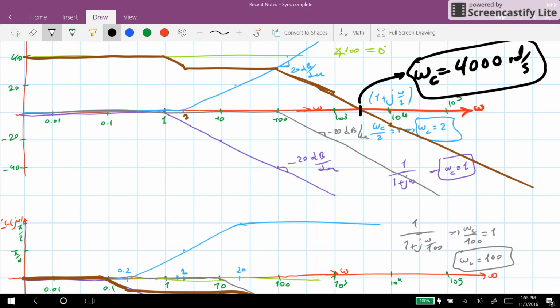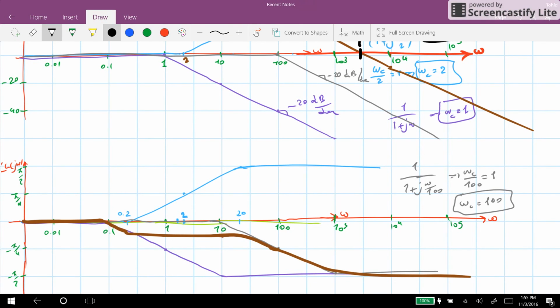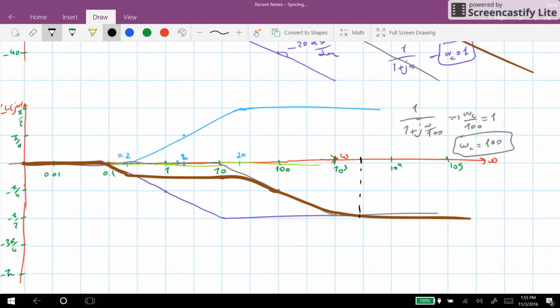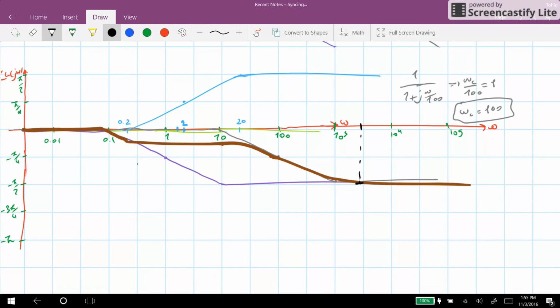And for that we can have a look at the same frequency which is here and check out the value of the phase for the system, which is minus pi over 2 already, and the phase margin could be determined by the distance of minus pi and this phase, which is indeed equal to 90 degrees.